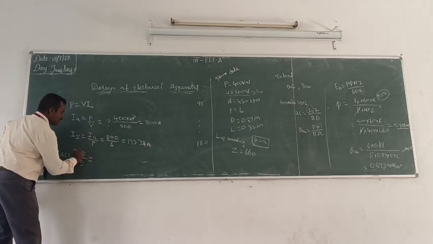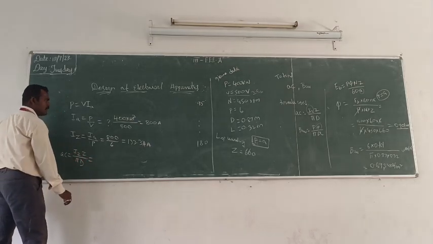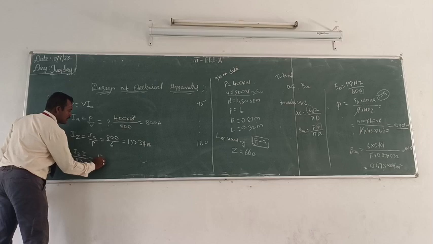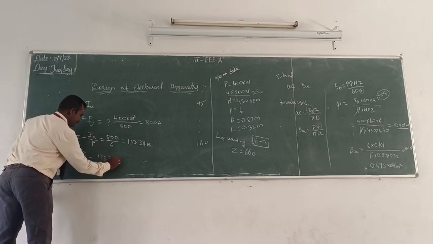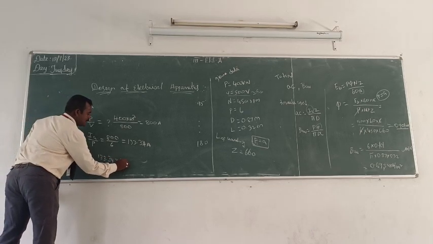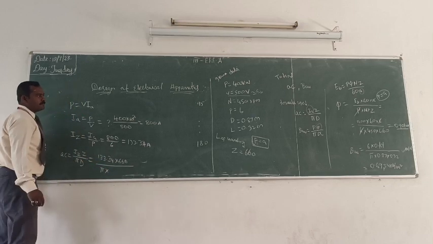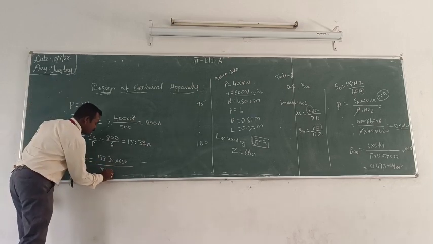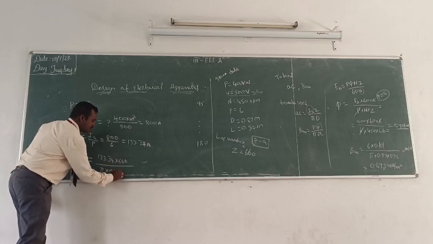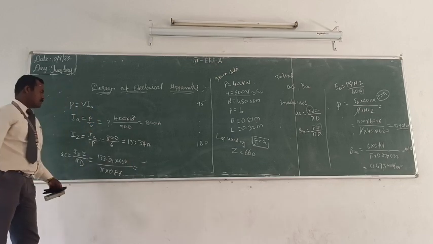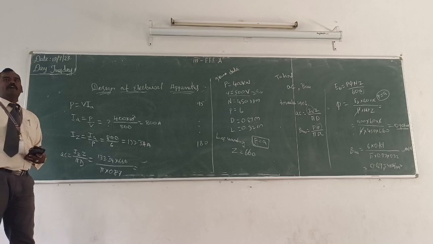So you can substitute all the values. The IZ value is 133.34 into 660 conductors divided by pi into the diameter, 0.87. So you can substitute and find the value.